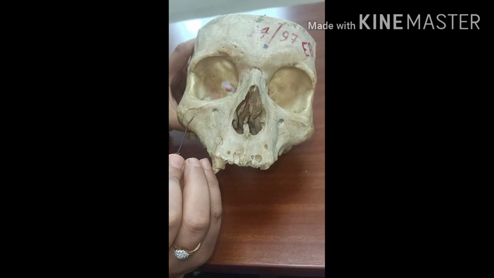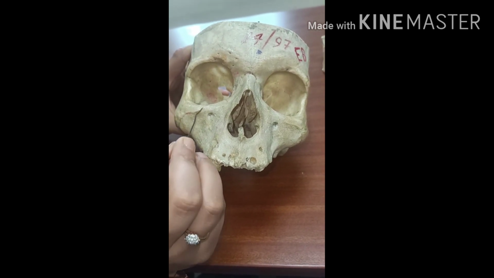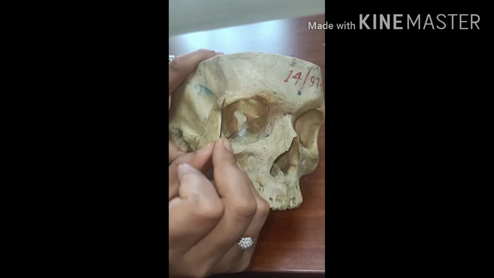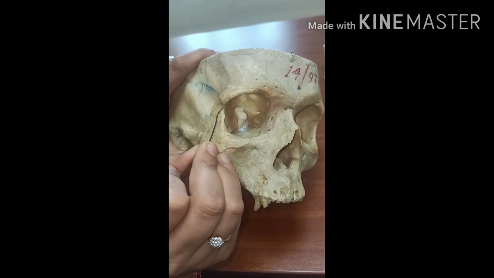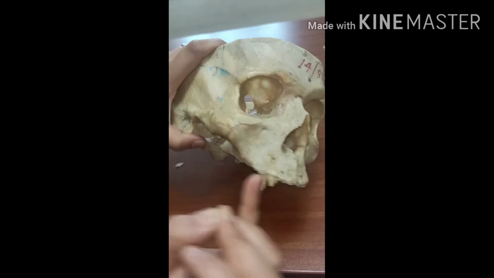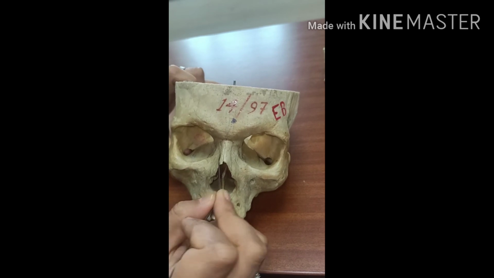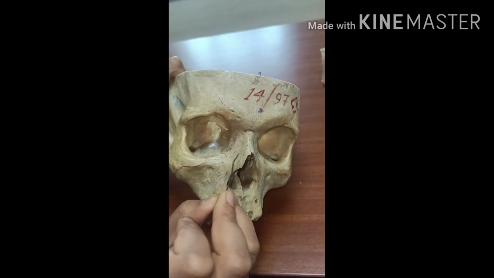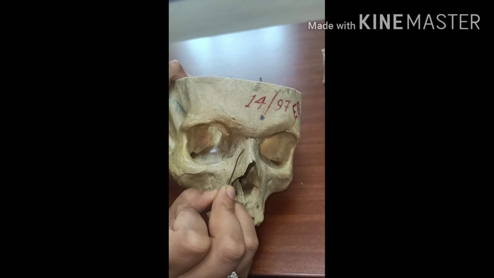In between the zygomatic and maxillary, this is the zygomatico-maxillary suture. Zygomatic and frontal, zygomatico-frontal. Zygomatic and temporal, zygomatico-temporal. In between the two nasal bones, internasal. In between the maxilla and nasal, nasomaxillary.